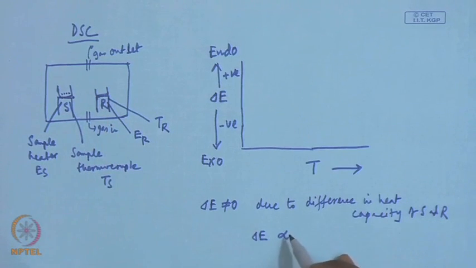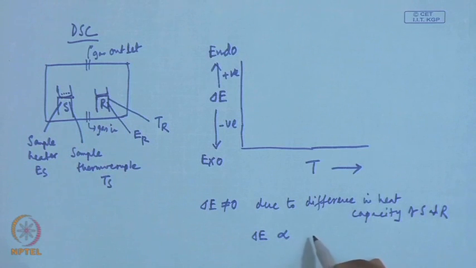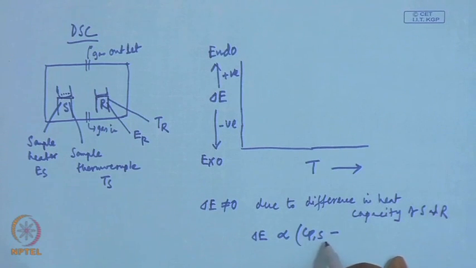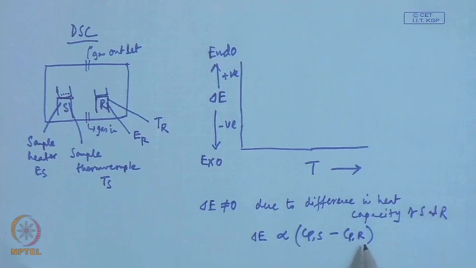So, delta E will be proportional to the difference between the heat capacity of the sample and the heat capacity of the reference. If there is no change in the heat capacity of the sample, then the value of delta E will remain the same, which will give us the baseline.